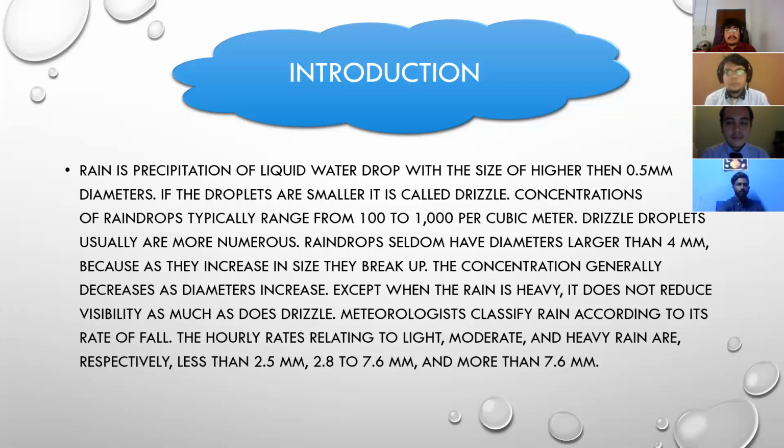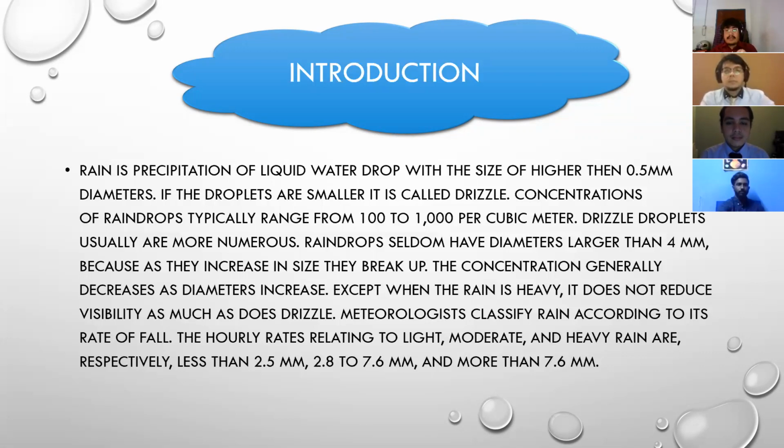Drizzle drops usually are more numerous. Raindrops seldom have a diameter larger than 4 millimeters, because as they increase in size, they will break up. So the concentration generally decreases as diameter increases.